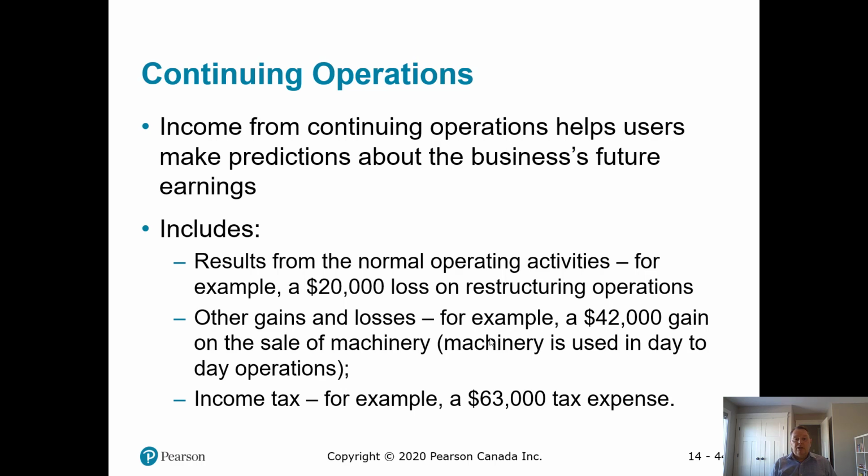Well, it gives us something to measure that against. So you can see the $20,000 loss on restructuring operations, you're not going to have that again. Hopefully, you're not going to have those gains and losses, but you are going to have things like income tax. The idea is to understand how those all fit into a corporate income statement.